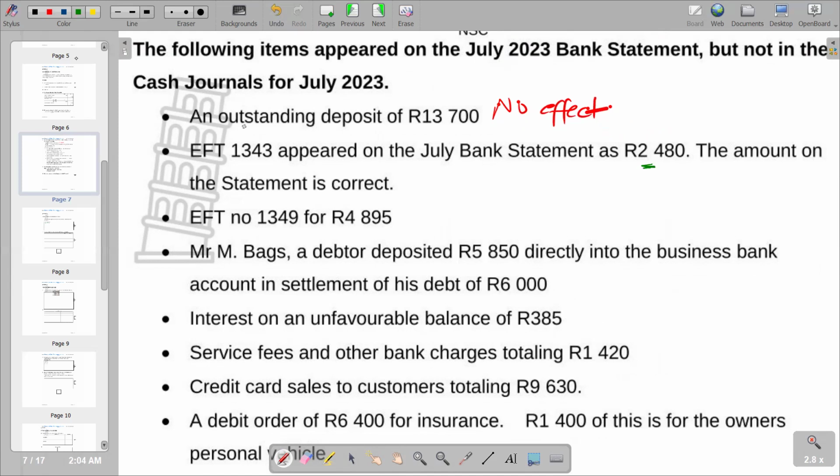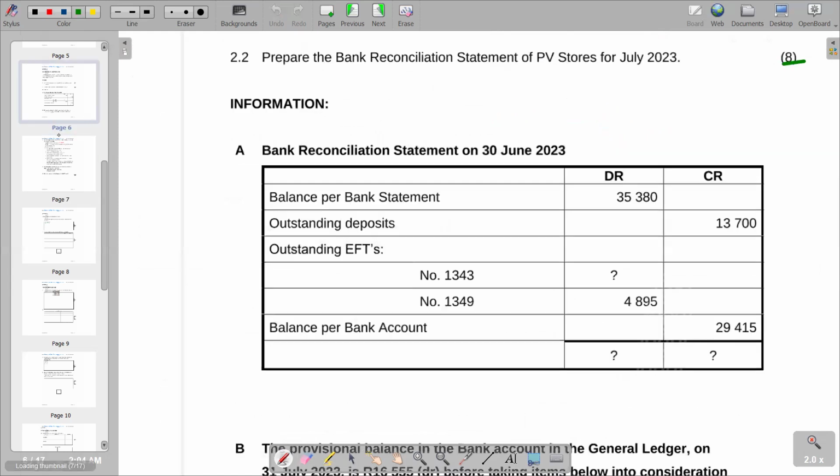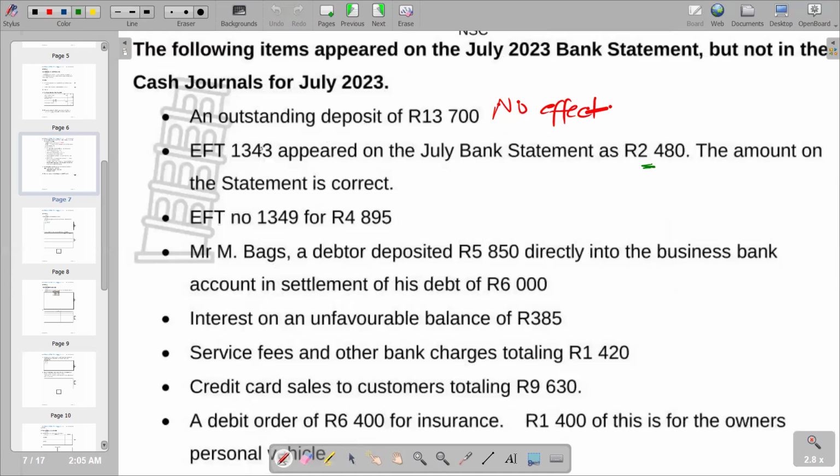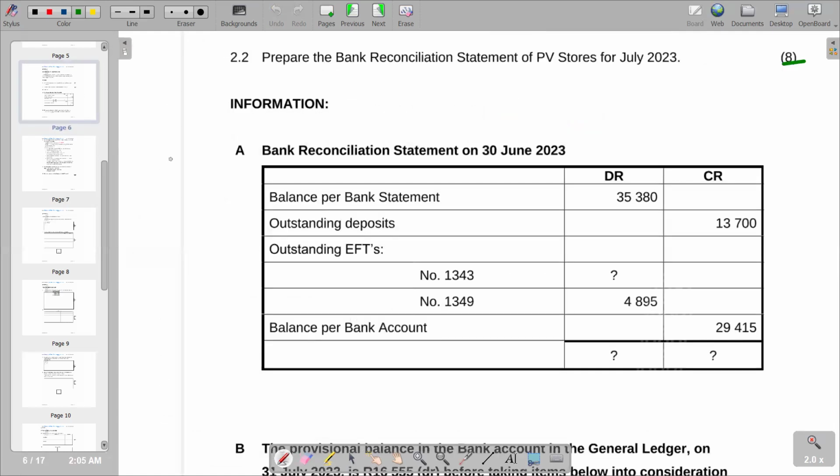If you check here, it's EFT 343, which has a correct amount of 2,480. But if you come here, we have EFT 343, which has a question mark, so we need to find out what value it is.